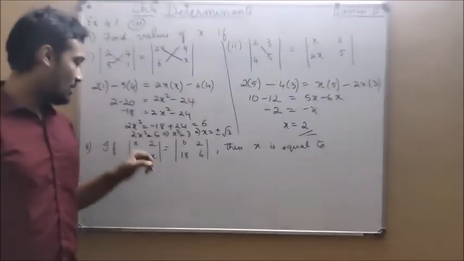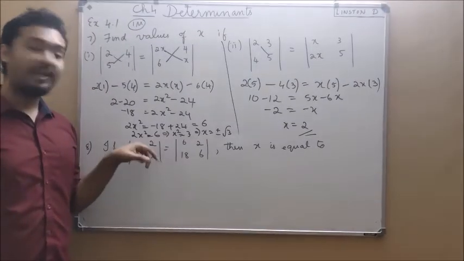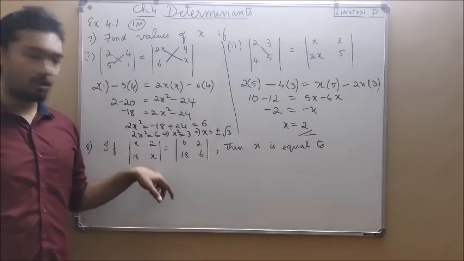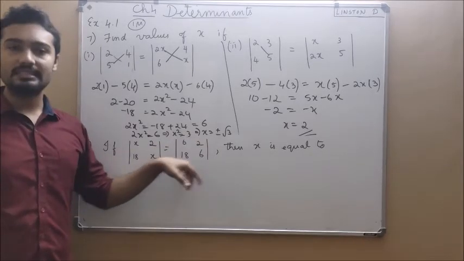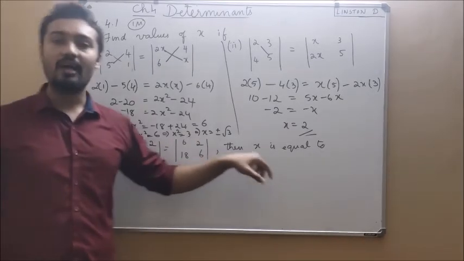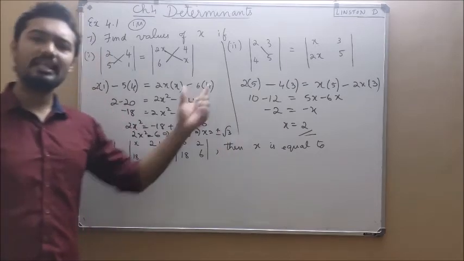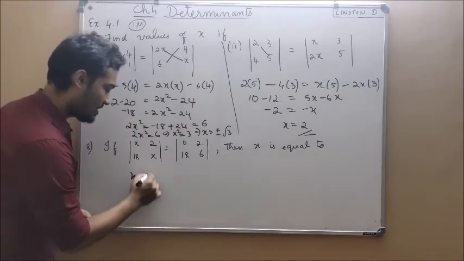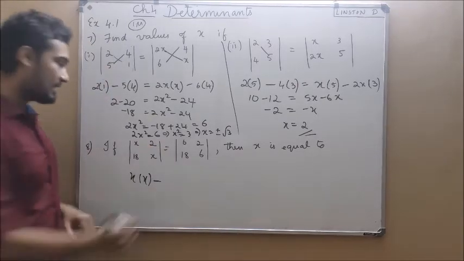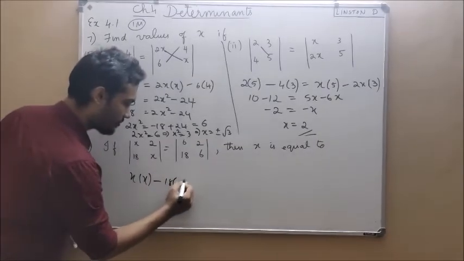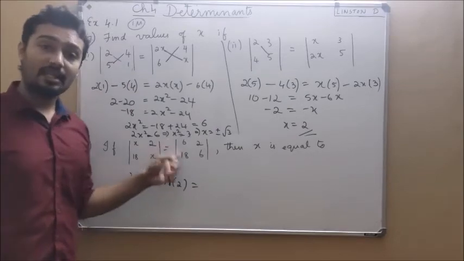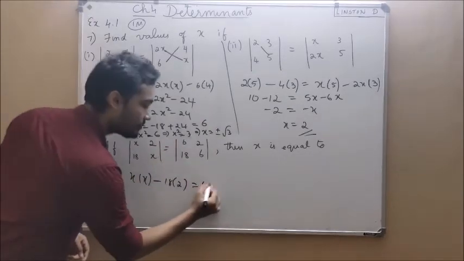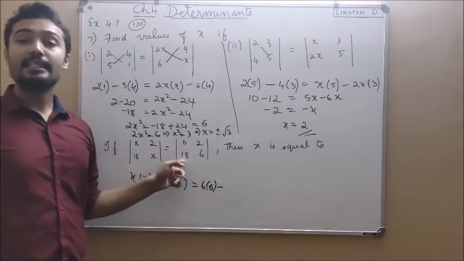Next question, we have the determinant of [x, 18; x, 2]... equal to [6, 18; 6, 2]. We have to find the value of x. Now similarly take the determinant here, x into 2, minus 18 into... Now take the determinant here, 6 into 2 minus 18 into 2.